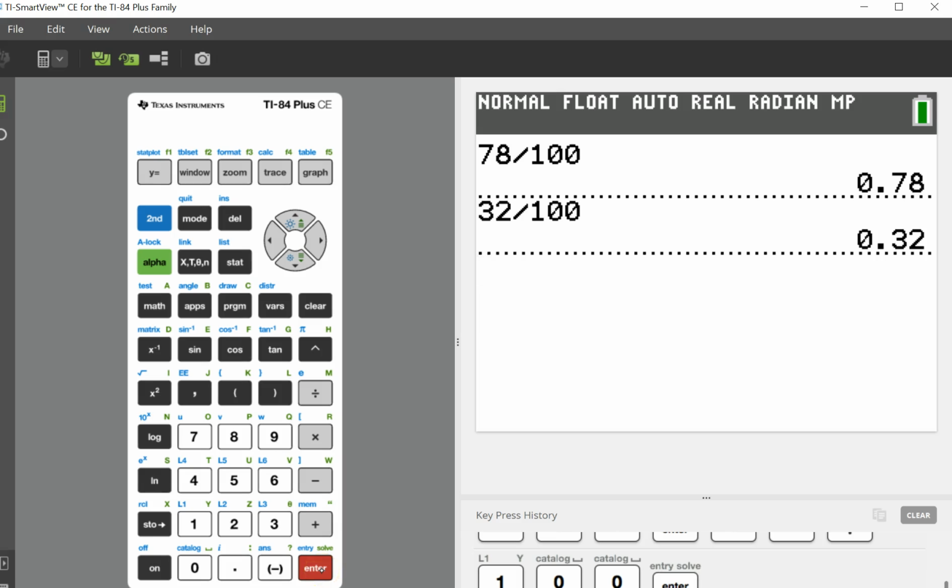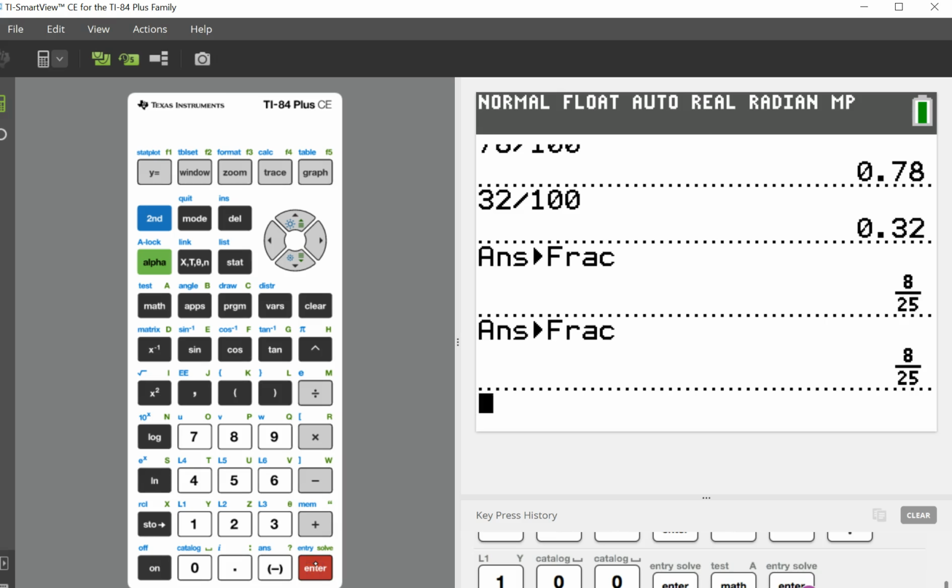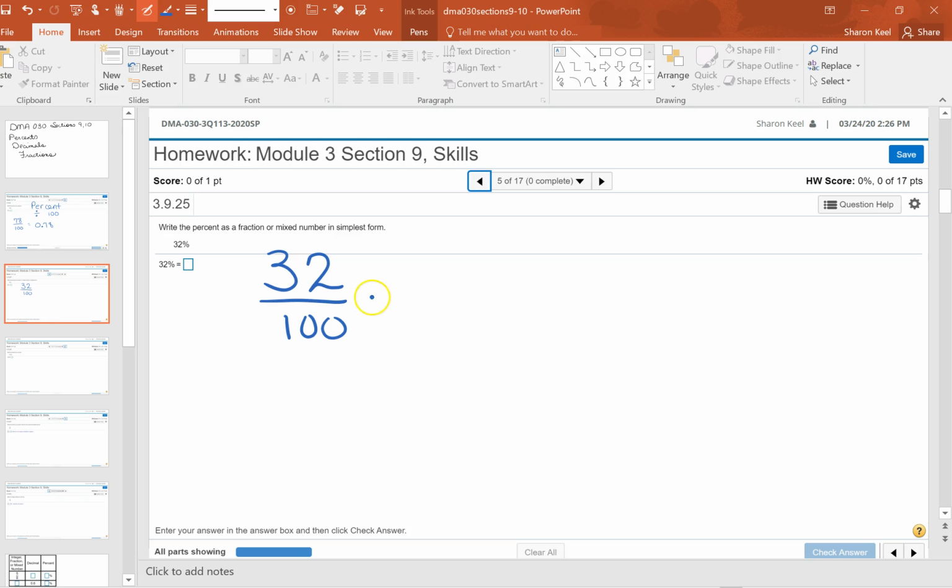To reduce that fraction to lowest terms, you can press the keystrokes math and enter twice, and it will reduce it to 8/25. Another way to look at that is both of these numbers are divisible by 4. 32 divided by 4 is 8. 100 divided by 4 is 25. And again, we get the same answer, 8/25.